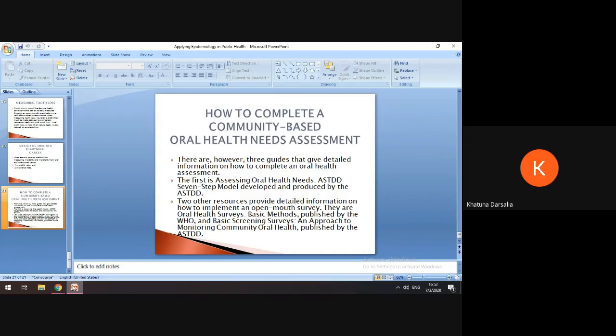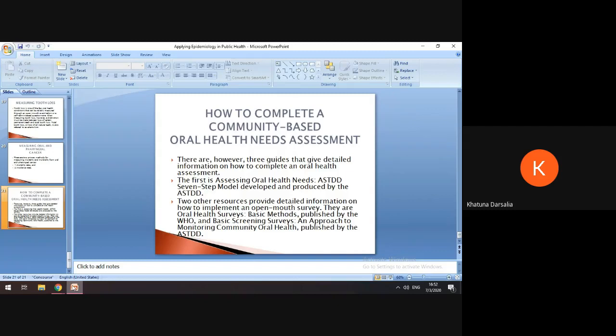However, Basic Screening Surveys provides the most practical information for monitoring the Healthy People oral health objectives, and it is available for downloading from the ASTDD website. You can find it listed in the resources section.